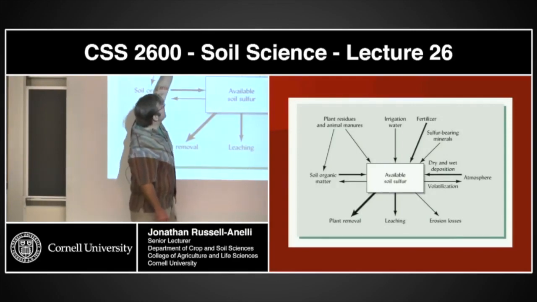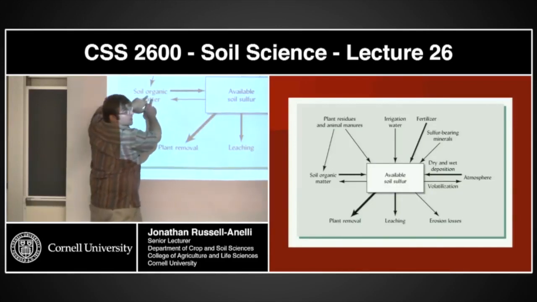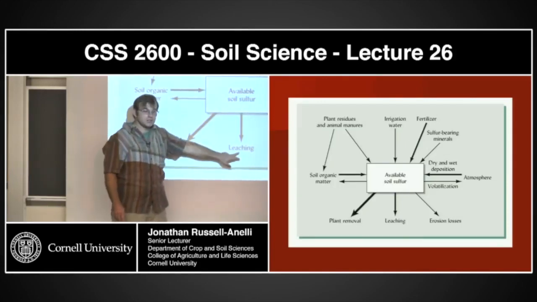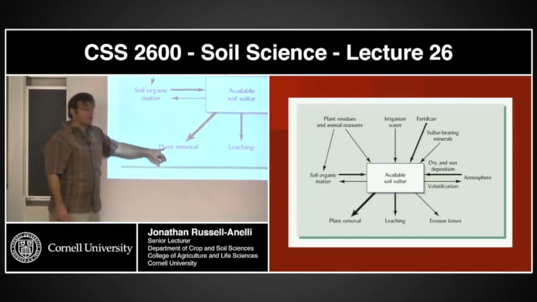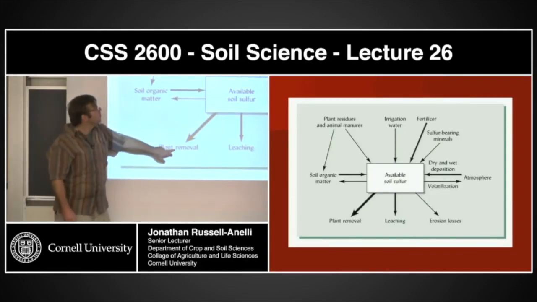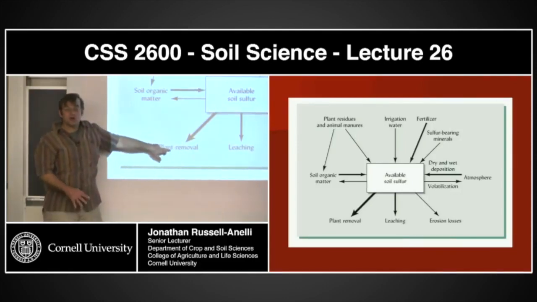Those plants then die and come back, or go into organic residual material, or that sulfur can bind with the organic material and become more available soil material. Okay? We also can have leaching, and certainly we can have erosion losses. We also can harvest. If we take that plant material, we harvest it, whatever we bring back will go into the system, but whatever we don't is lost.